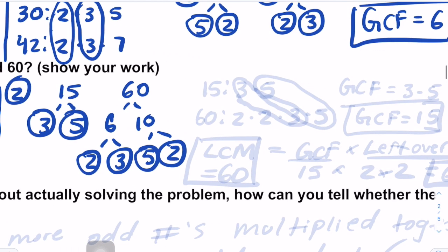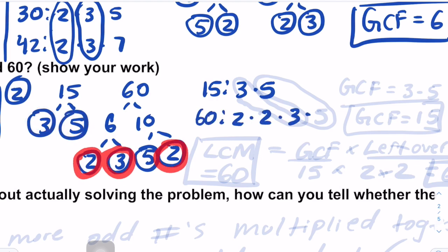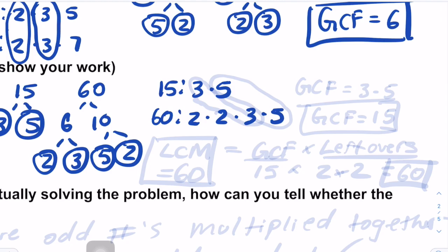In the next step, I'll go ahead and list the prime factors for 15, which are 3 times 5. I would do the same for the number 60. This would be 2 times 2 times 3 times 5. And now my next step is to see the common prime factors to find the GCF, because we're going to need the GCF in order to find the LCM in a second.